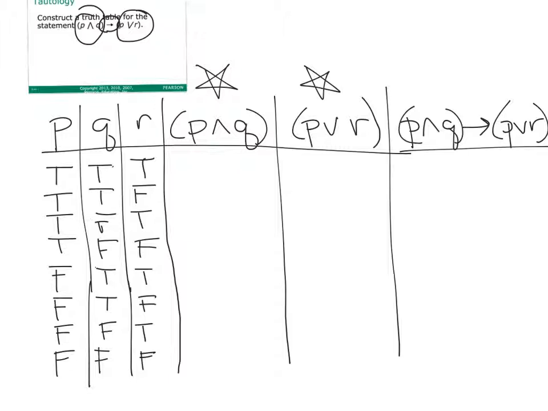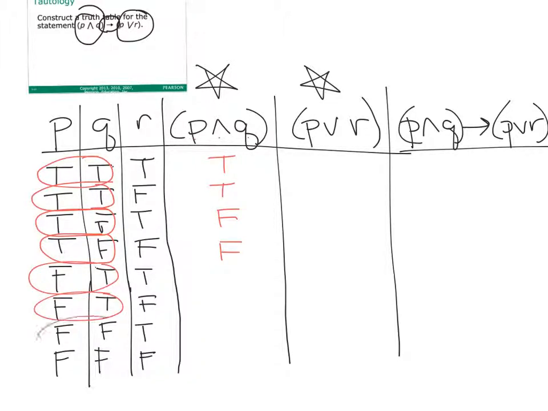Okay, so when I do the P and Q, remember I need them both to be trues. So I've got a true, true, false, false, false, false, false, false. Okay, and then I'm going to do my P or R. So remember, the only time P or R is false is if you have two falses.